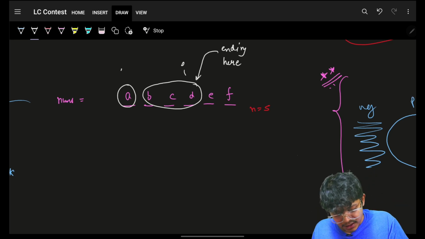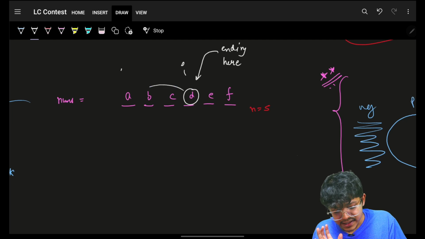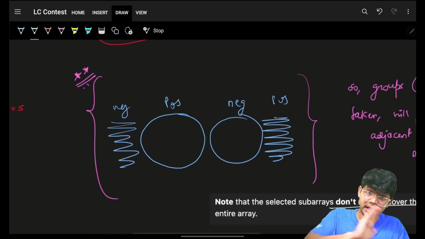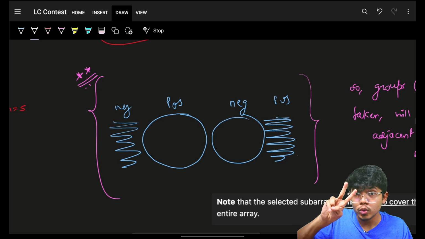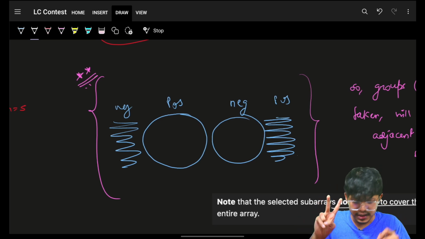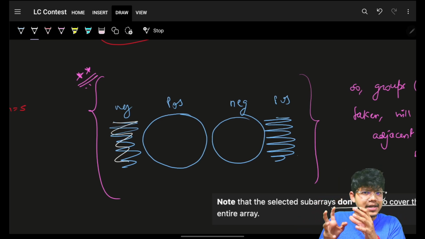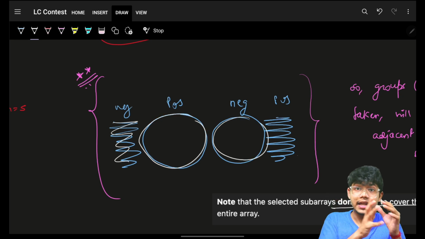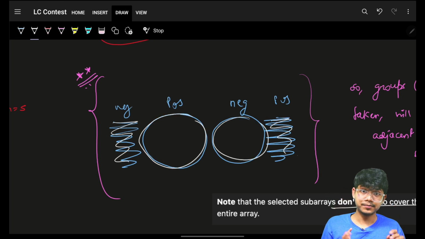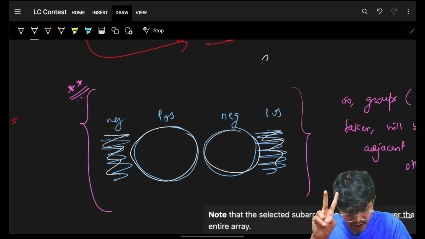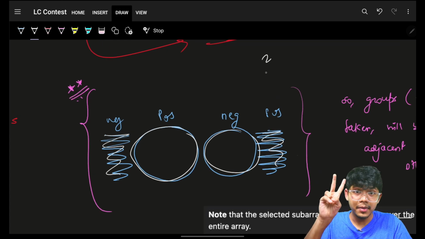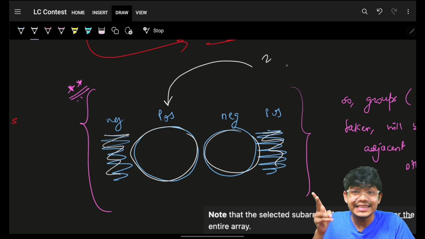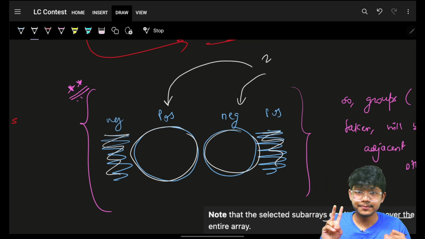But yeah, the point is that both these subarrays will be adjacent. Again, taking the same example of only two subarrays, imagine that some initial elements are negative, then a few elements are positive, then a few elements are negative, and then a few elements are positive. You remember you have to take two subarrays, and the first sign is positive, so you will take the positive one, and then for the second subarray you will take the negative elements.